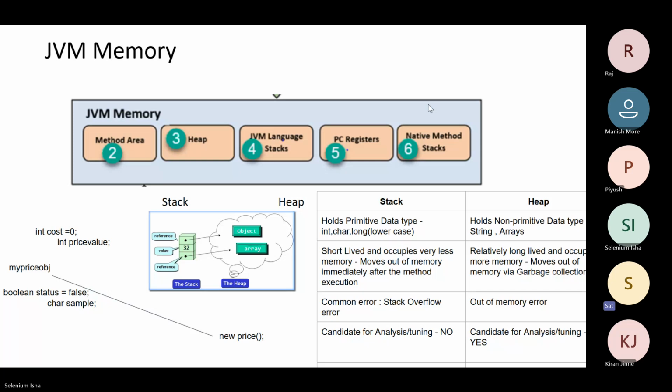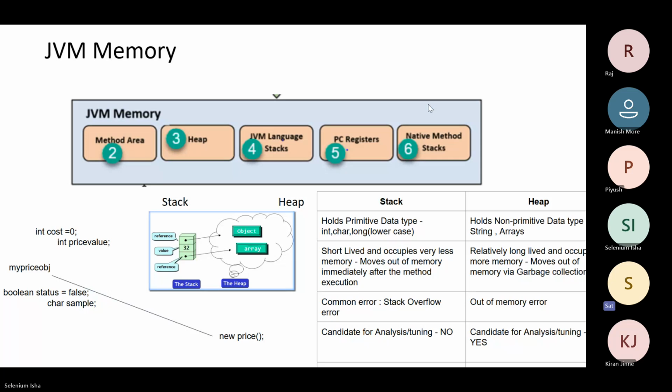The variables that are sitting in the stack will get deleted by themselves once the execution is over. When the addition functionality is called, A plus B is equal to C, and the processing is completed, A, B, C will get deleted immediately. There is no condition, they will get deleted immediately.